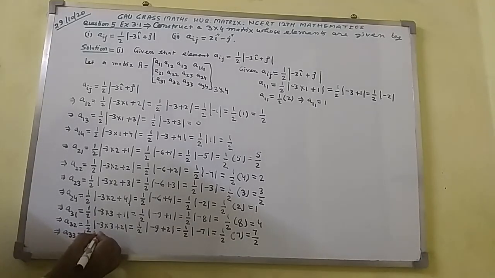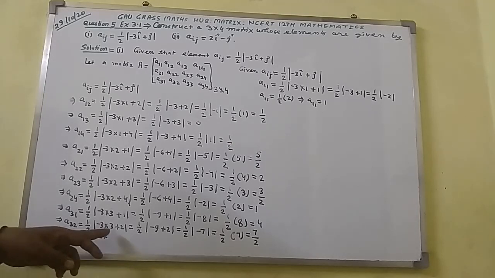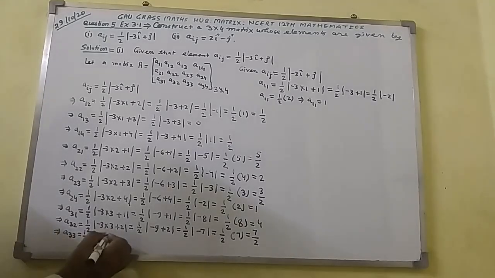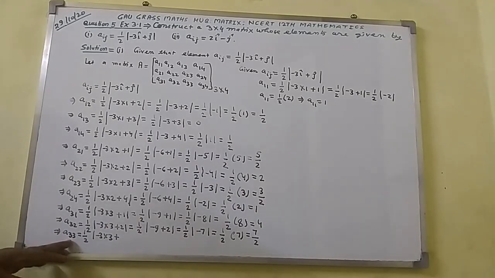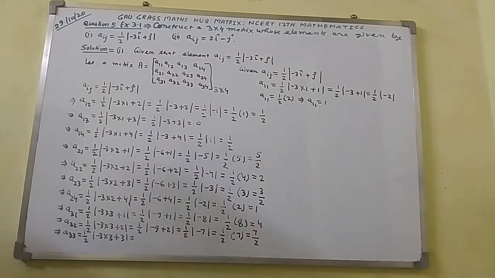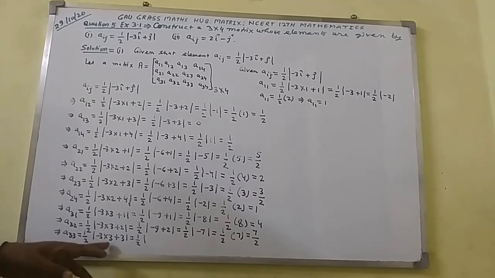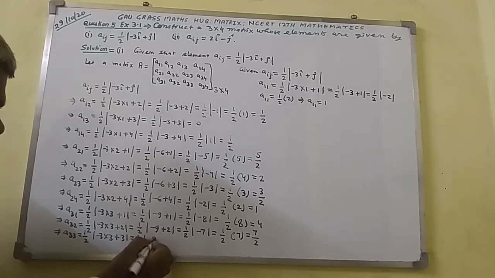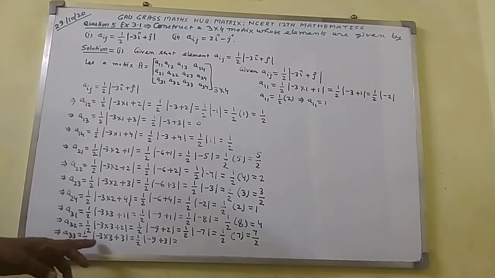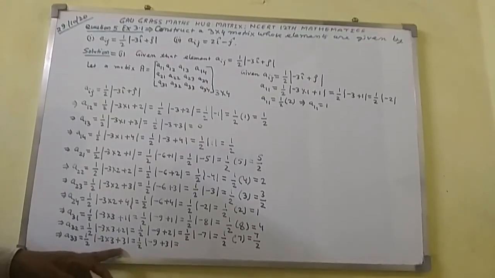Here I shall write minus 3 into the value of row position, I shall take from here, you will write 3 plus value of column position, I shall take 3. 1 over 2, will multiply to 3, we will get minus 9 plus 3 mod.